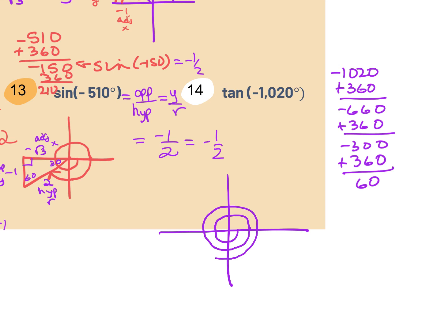So 90, 180, 270, and finally 300. So that would be the -1020. So notice, to get back to the x-axis, this is going to be a 60-degree reference angle.